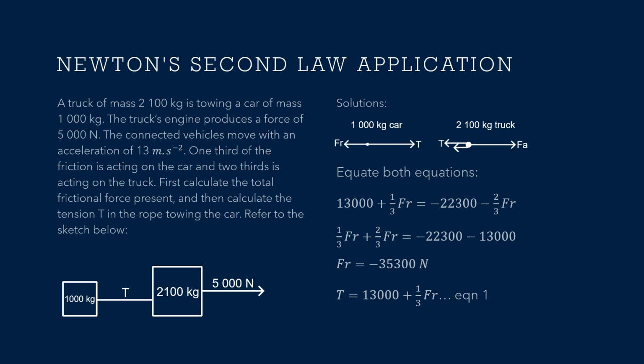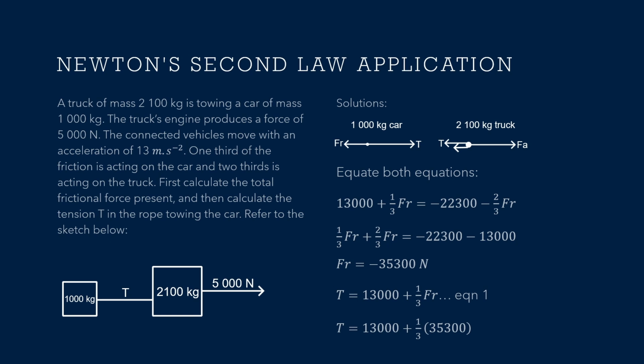And substituting in the friction that I got, as you can see, the friction that I've substituted there doesn't have a negative sign. Why? Because the negative sign only tells me the direction of the force. It doesn't tell me anything about the magnitude. And here I'm only concerned with the magnitude and not the direction.